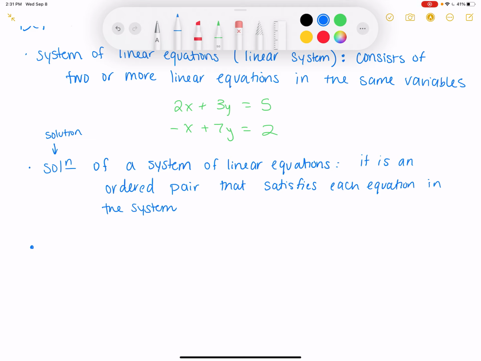All right, so there are different types of linear systems. So one is a consistent independent system. And that has, for the graphing part, lines that are distinct. That's where we get the independent part from.